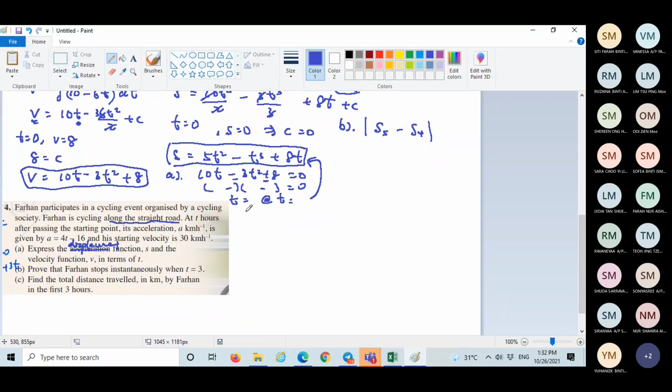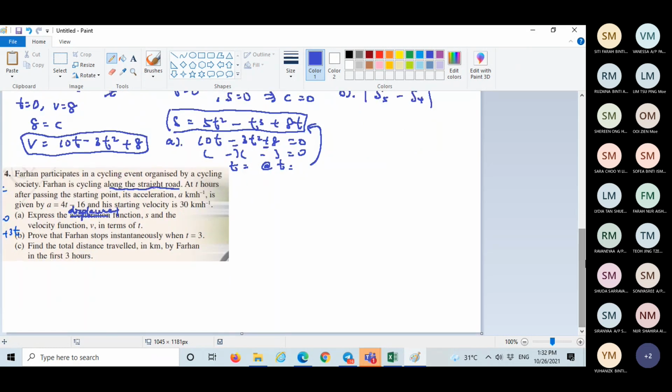I try to write it here. a is 4t minus 16. So for v, we start with v. Next girl, do the integration, please. Rosaina.